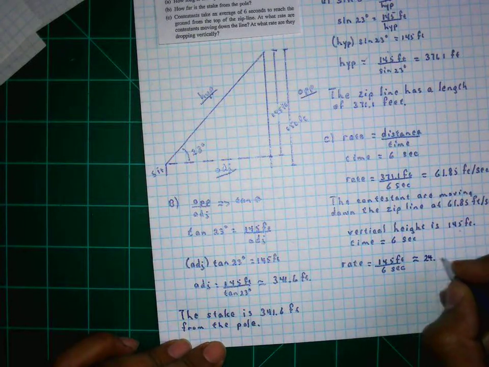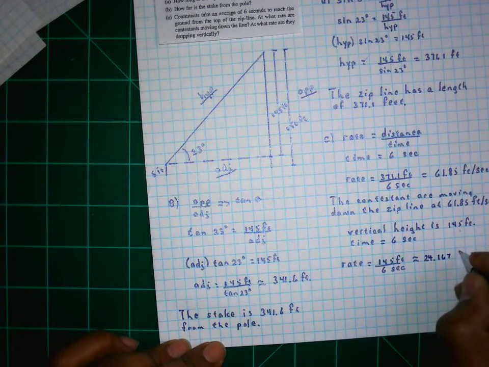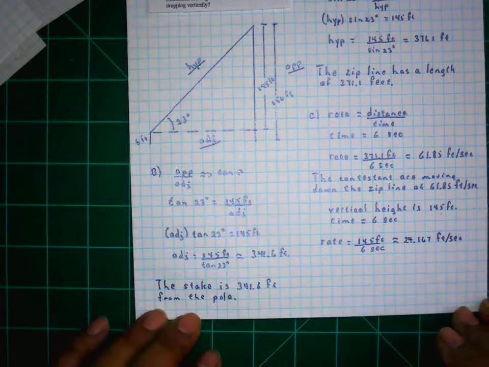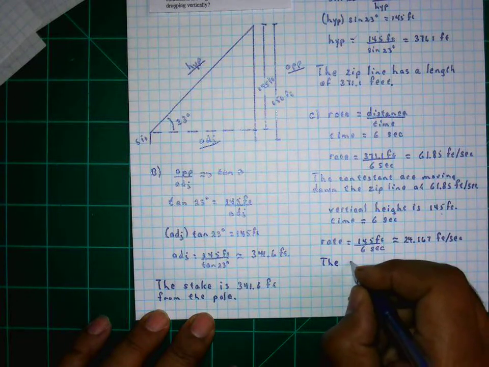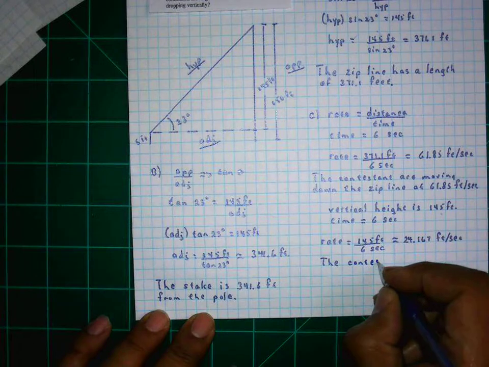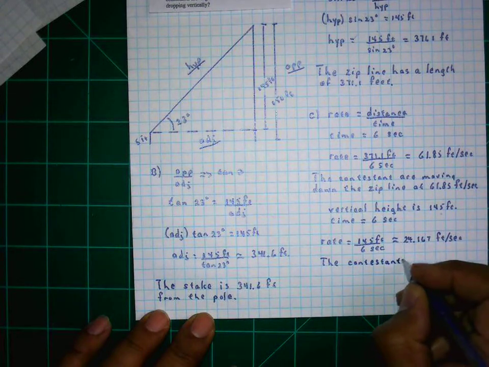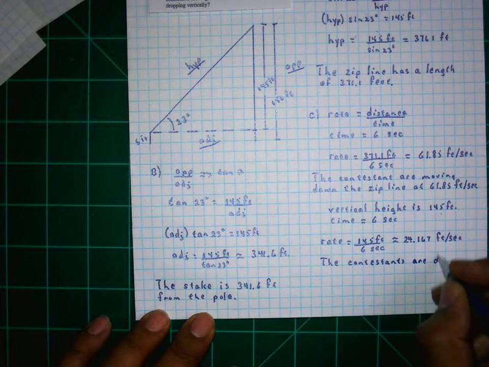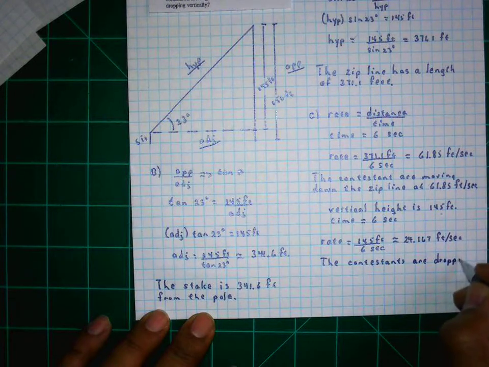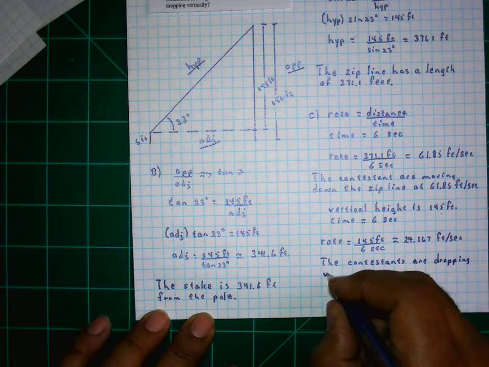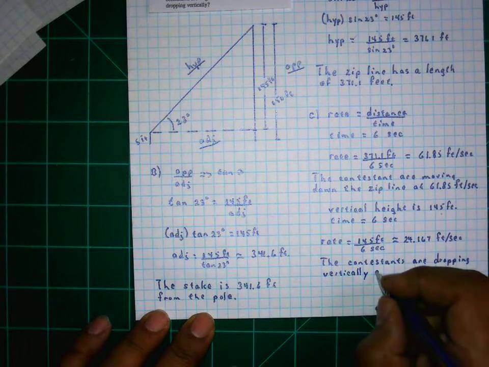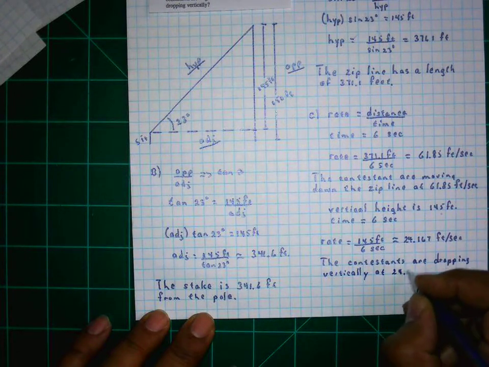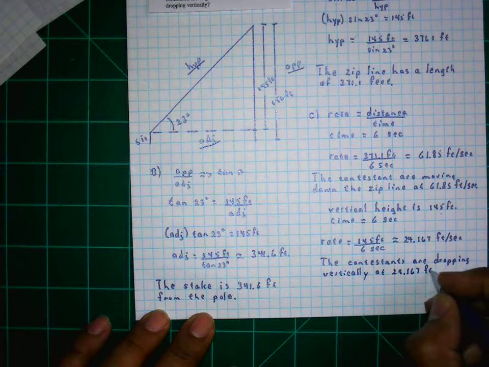24.167 feet per second. Now we answer the question. The contestants are dropping vertically at 24.167 feet per second.